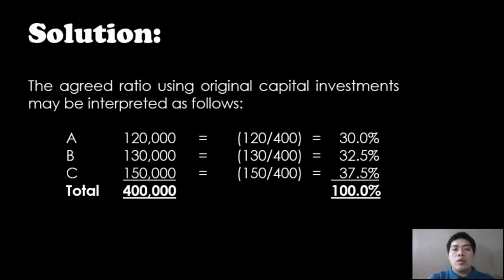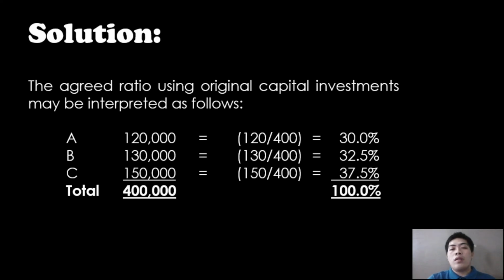Okay. So, yung agreed ratio using original capital investment may be interpreted as follows. So, i-total lang lahat ng kanilang original investment. So, 400 yung total niyan. Make a fraction. Dito, yung ginamit ko na lang yung initials ng kanilang amounts. So, 120 over 400 or minsan naman pwedeng 12 over 40 na lang.